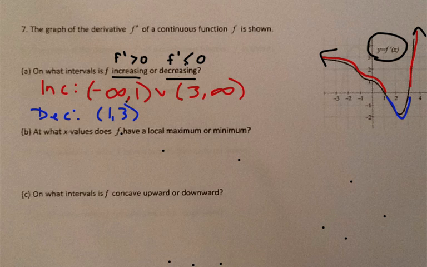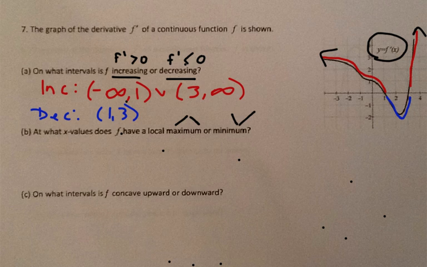B. At what x values does f have a local maximum or minimum? Okay, maximums occur when my graph was increasing and switches to decreasing. Minimums occur when it was decreasing and switches to increasing.